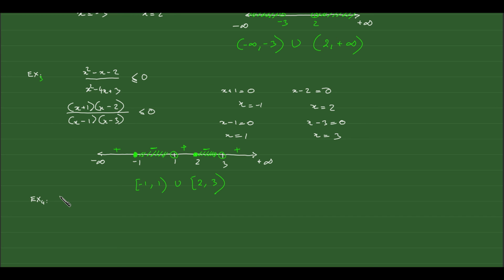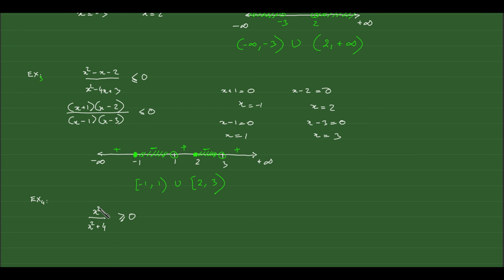This one is a very special case: x squared over x squared plus 4 greater than 0. For this one you cannot factor it; there's no way to factor it. If you look carefully, x squared is a positive number, and x squared plus 4 is also a positive number.